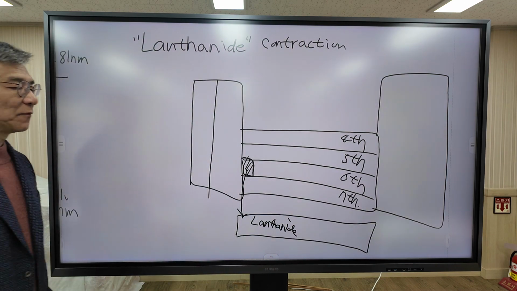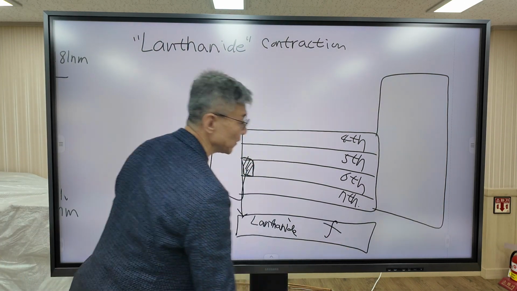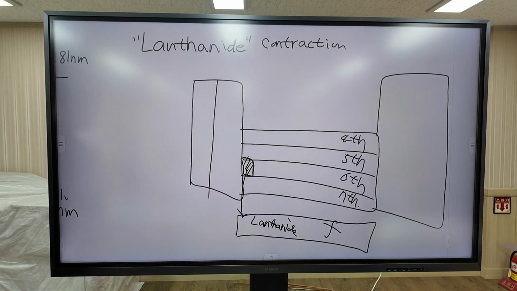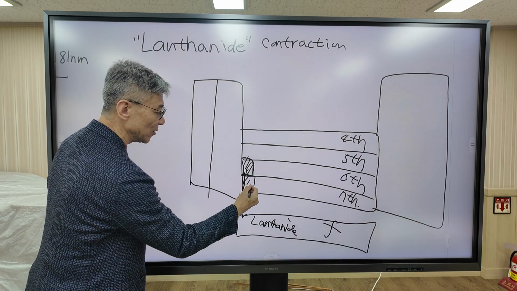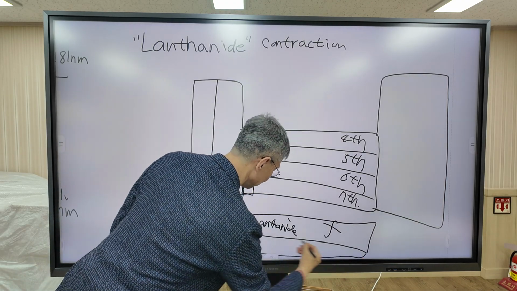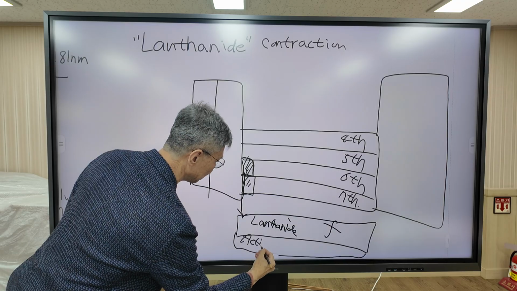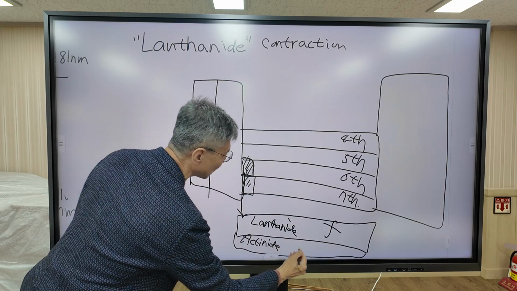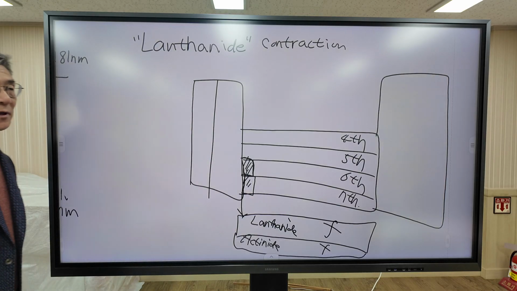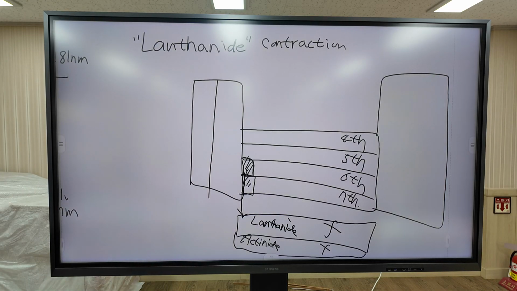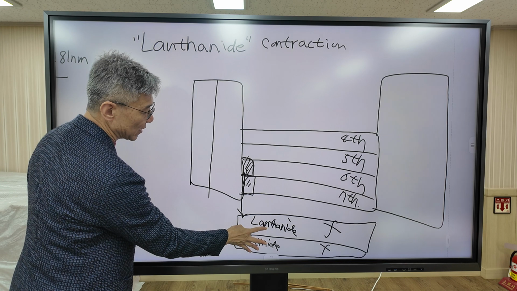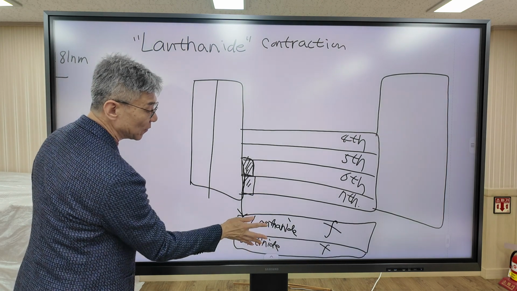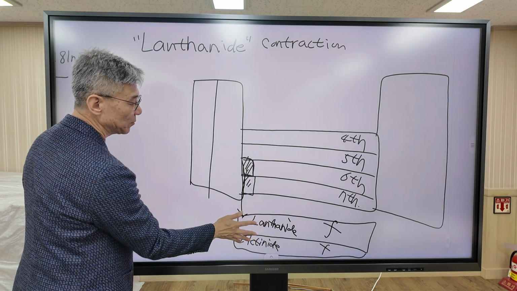In the lanthanide elements, the F orbital is filled. Similarly, 15 elements are packed together in one slot, and these elements are called actinides. Actinides also fill the F orbital. So in some periodic tables, called the long-form periodic table, this lanthanide group and actinide group are given special space.